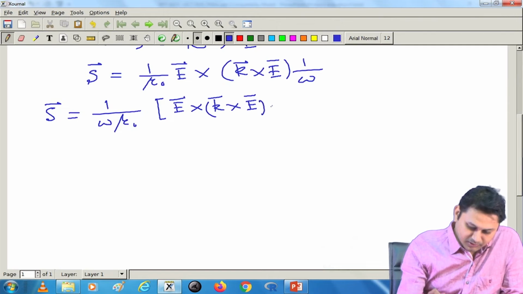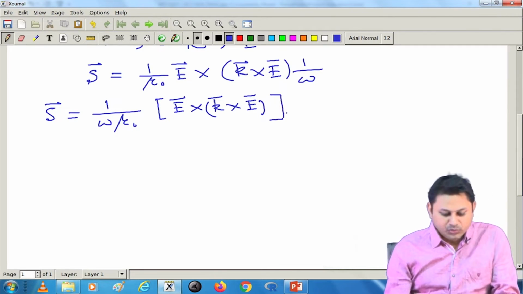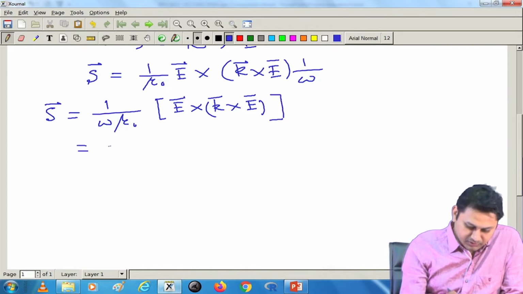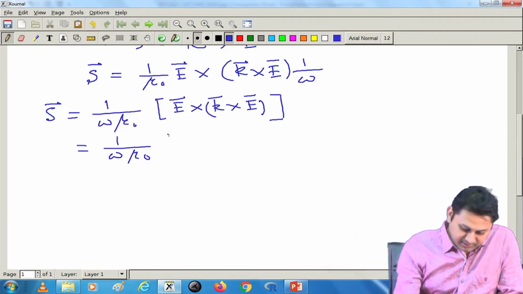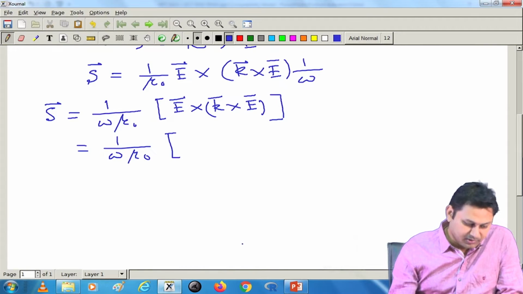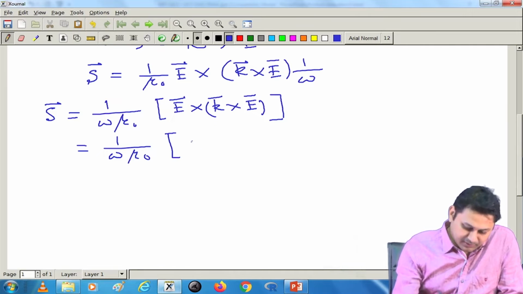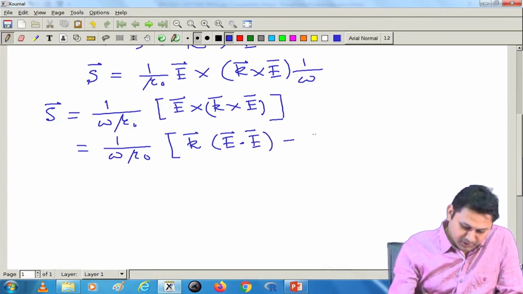It is like A cross B cross C, and we are going to use a vector identity to resolve this. We know the vector identity for A cross B cross C: it is BAC minus CAB. This is the formula we normally use, so we get k (E dot E) minus vector E (k dot E).